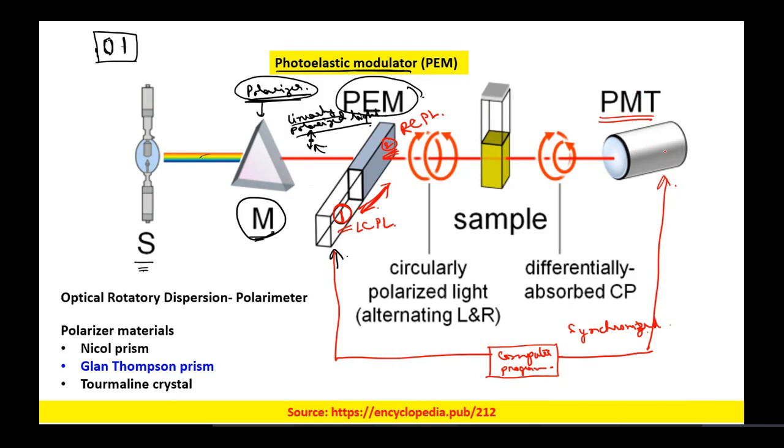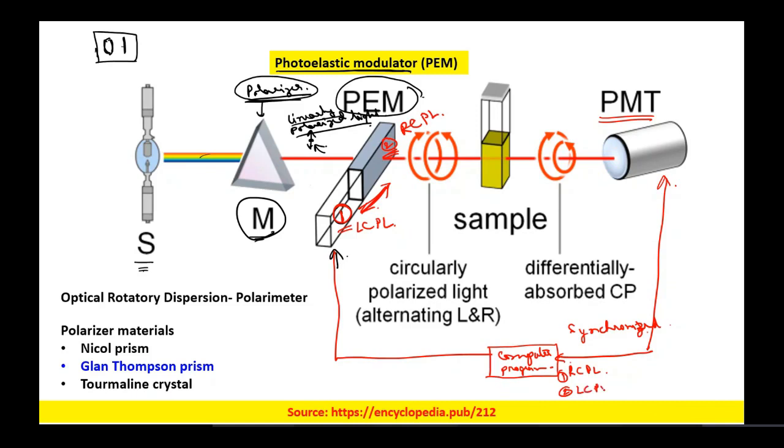Whatever signal it acquires, it keeps track that this reading is for the RCPL, and when the second crystal is in the path, it keeps in volatile memory that the information from the PMT is from the LCPL.